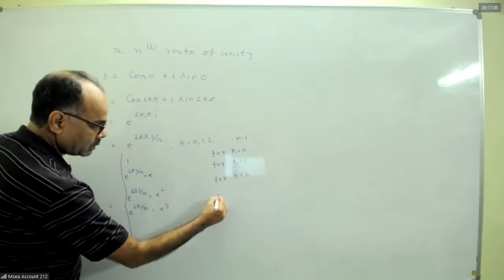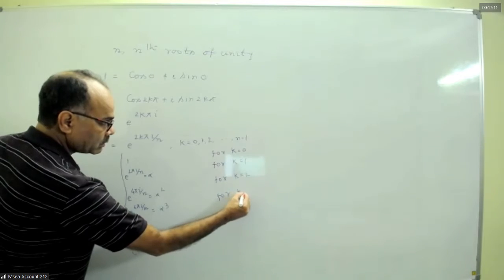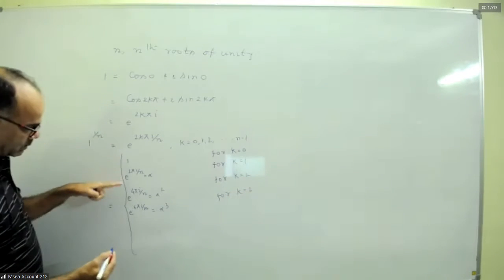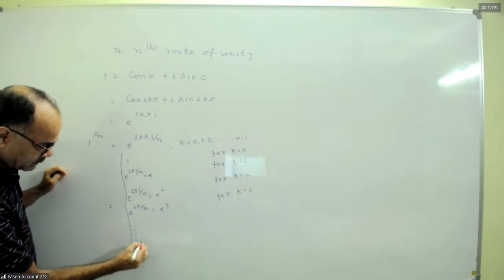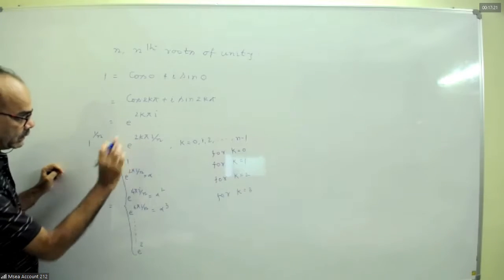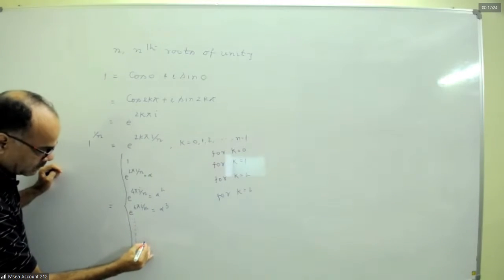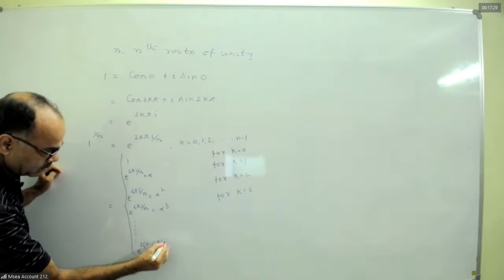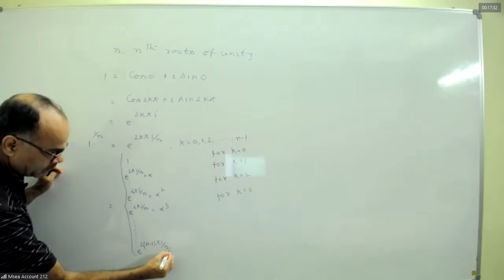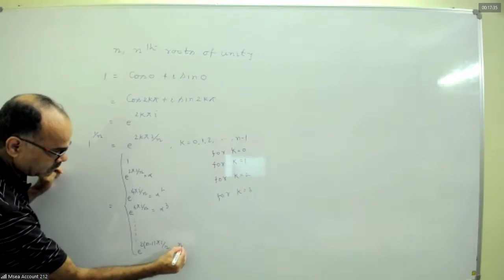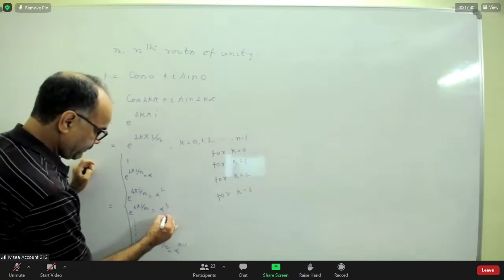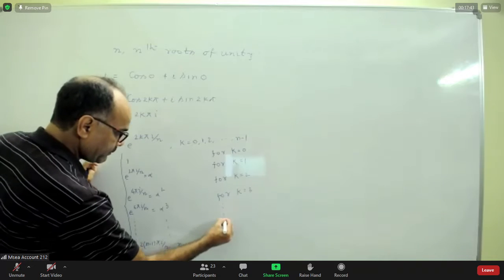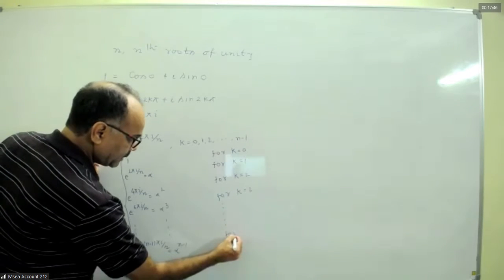So k equal to 3, and so on, like that till k equal to n minus 1, the last: e to the power 2 into n minus 1 pi I by n equals alpha to the power n minus 1.